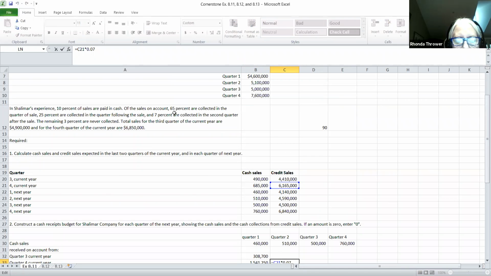65% are collected in the quarter of the sale. 25% are collected in the quarter following the sale. And 7% are collected in the second quarter following the sale.